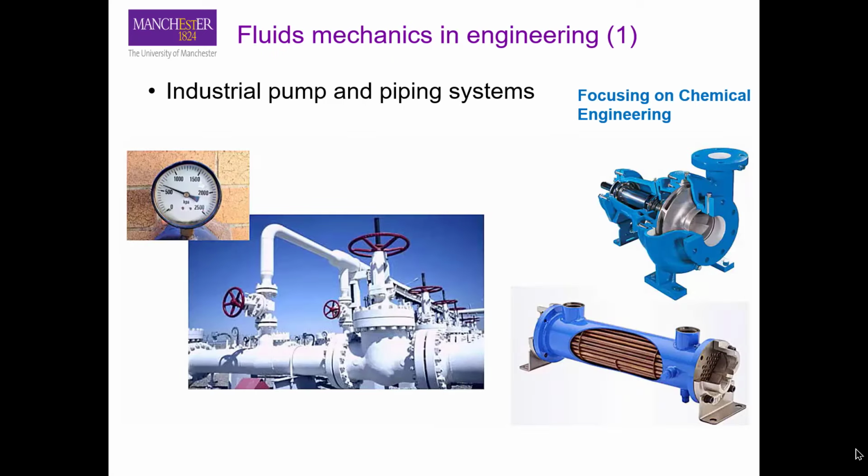Now, to give you some idea of why it is important to learn fluid mechanics, we will discuss a few applications in fluid mechanics. Maybe it will inspire you and pique your interest in this topic, which I think is fundamentally pretty interesting. So one of the most common examples for a chemical engineer is the industrial pumping system or the piping system that we use in industries.